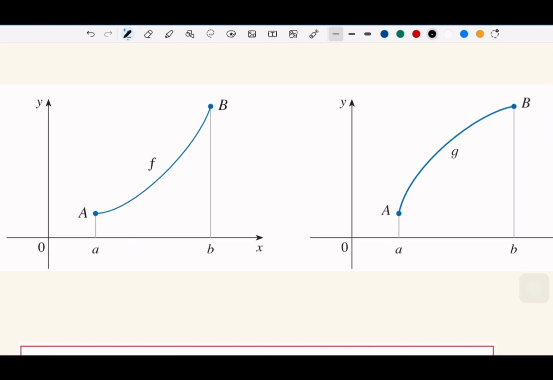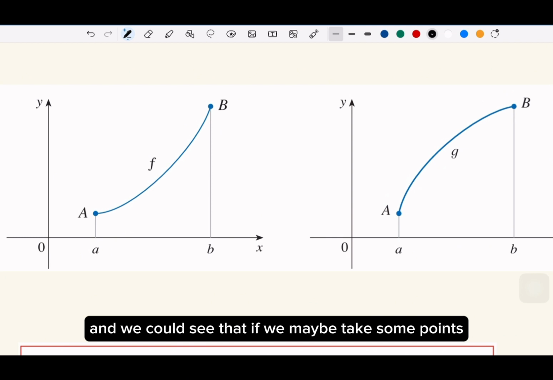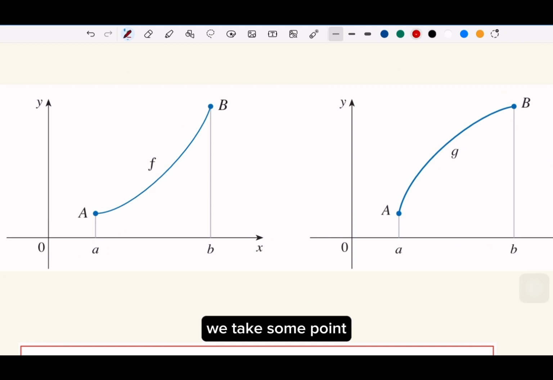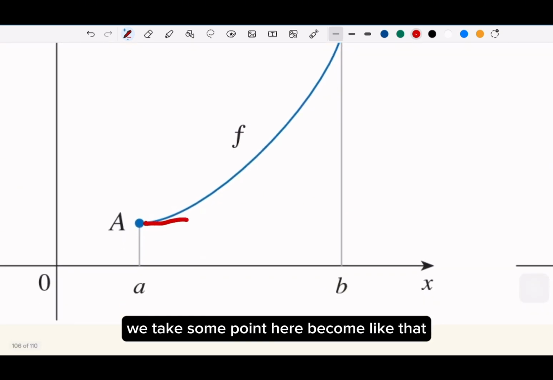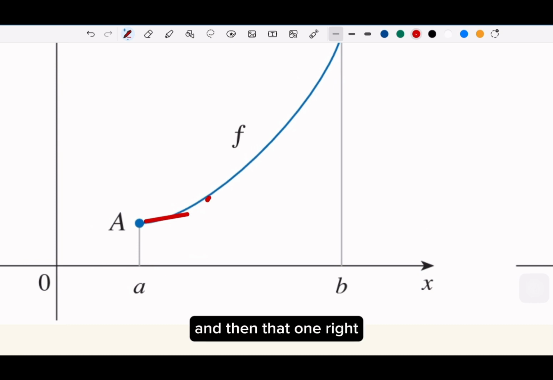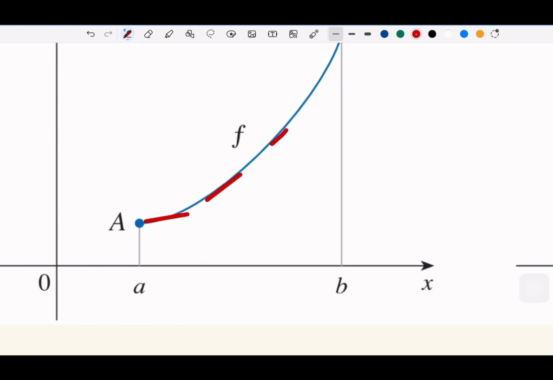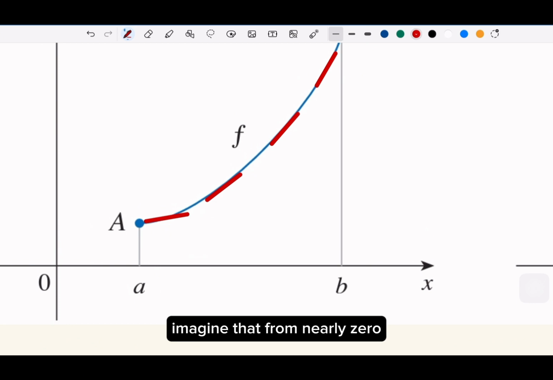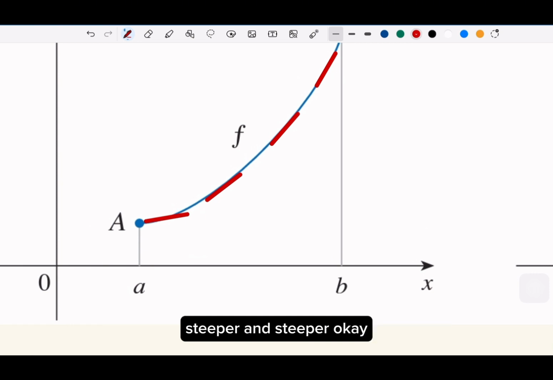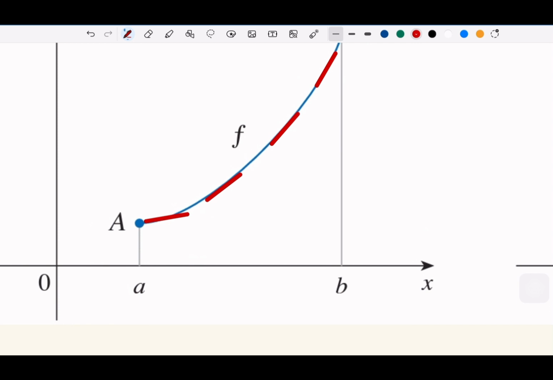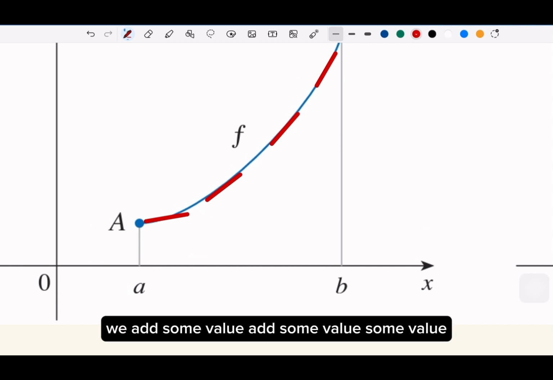Let's take some points on the left one. Imagine that from nearly 0, it starts slowly getting up, getting steeper, steeper, and steeper. So from 0, we add some value, and some more value.